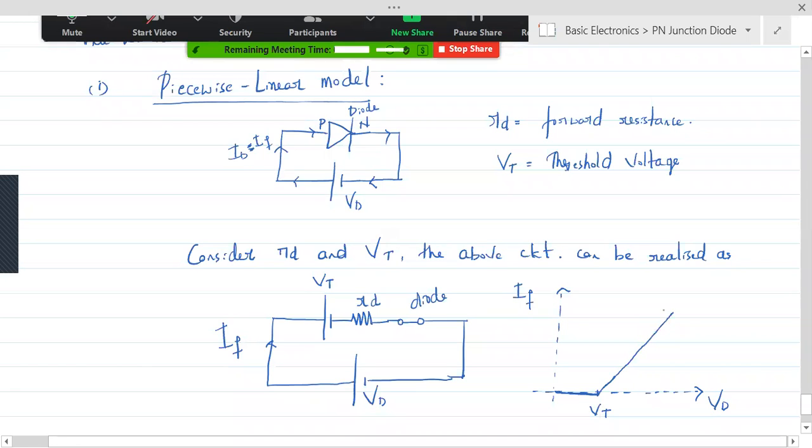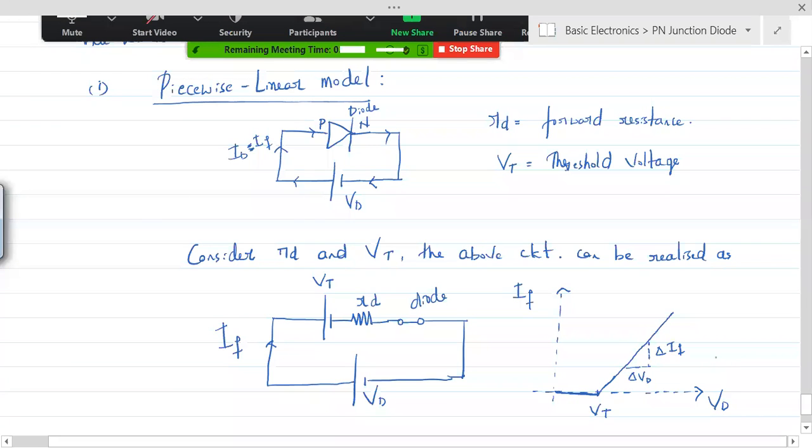Everybody understand that? Now you have some slope here. What is the slope of this line? Here, this is delta IF. This is delta VD.